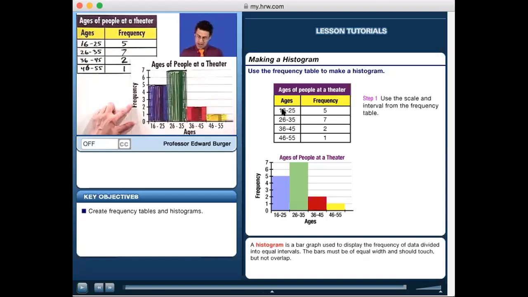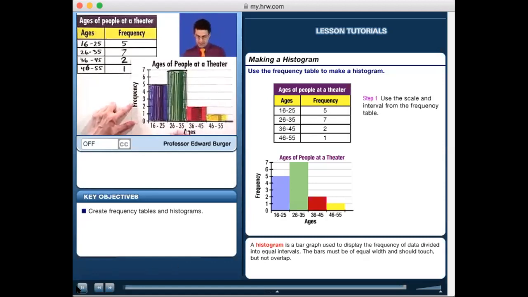People that are 16 years old to 25 years old, they are 5. They did survey the ages from 16 to 25, they are 5 people. From 26 to 35 years old, they are 7 people. From 36 to 45 years old, they are 2. From 46 to 55 years old, they are 1.